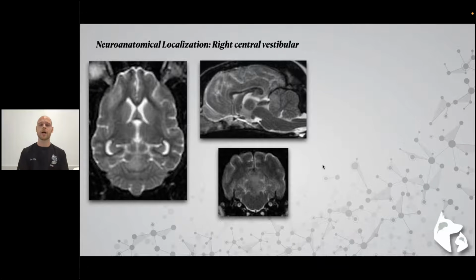This one being a Schnauzer and her age, but the MRI findings, I don't know if my pointer is coming through, show this nice triangular shaped hyperintensity within the rostral cerebellum. This is a classic rostral cerebellar infarct. So what are the most common areas that we'll see an infarct or a stroke there?